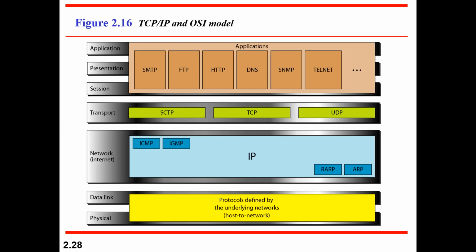One is connectionless UDP, another is connection-oriented TCP. Apart from these 2, we have one more protocol available in the transport layer. We'll just stop over here and continue the rest in the next session.